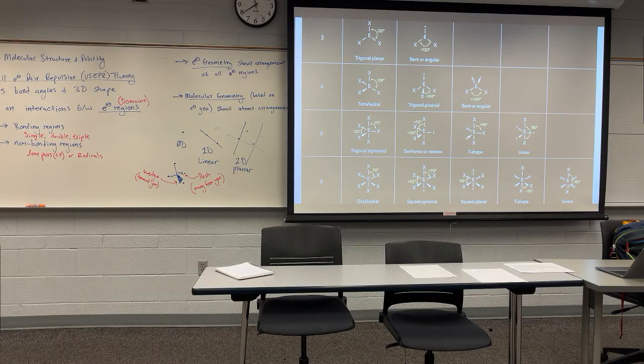Square planar, because it's not showing the lone pairs. It can't be bent or angular, because you'll notice that has 4 electron regions where only 2 of them are bonded. But this has 4 bonded. Do you agree it has 4 bonding regions, the copper?